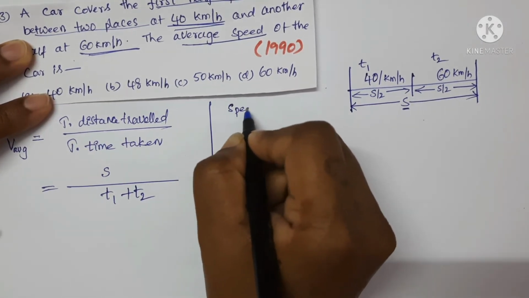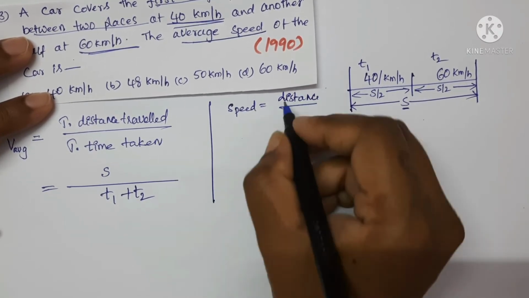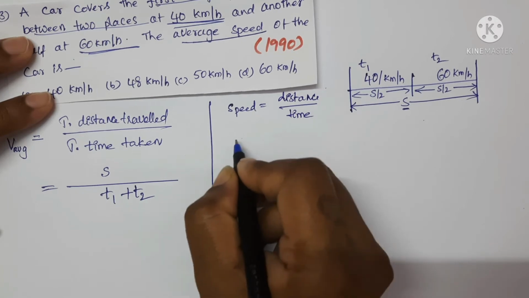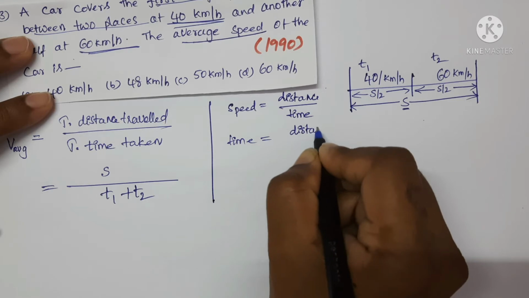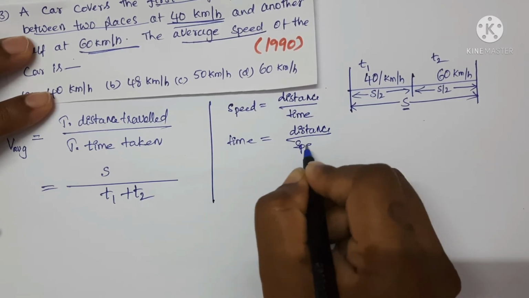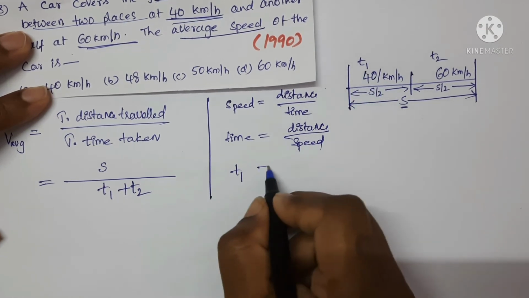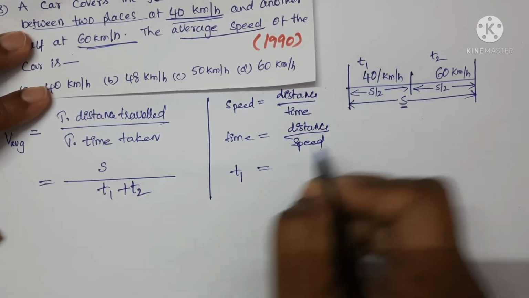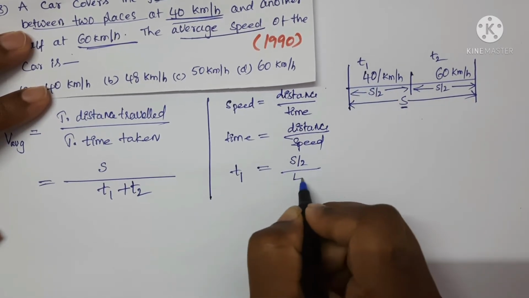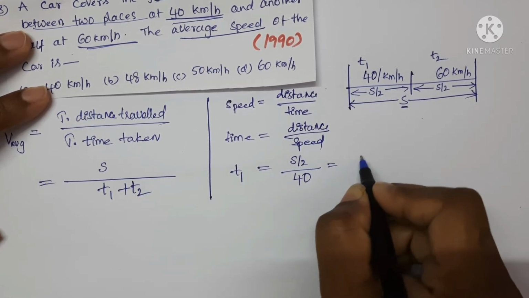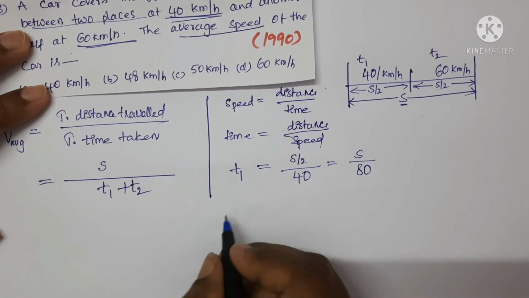We know the formula, speed is equal to distance upon time. From this, time is equal to distance upon speed, which is equal to, for first half T1 is equal to, the distance for first half is S by 2 upon speed 40, which is equal to S upon 2 into 40, 2 40s are 80.